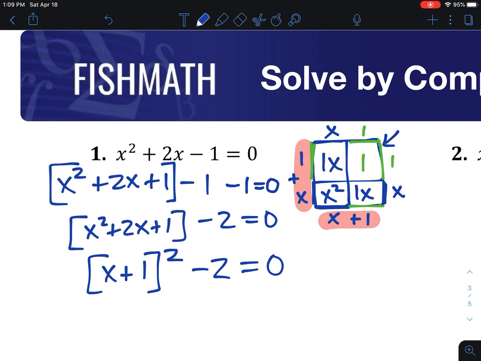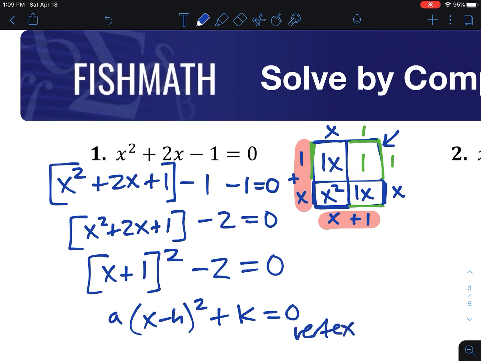Now this is what we call vertex form. If you didn't need to solve the equation, we'd be done. This would be vertex form, where it's like a(x minus h) squared plus k equals 0, with a little a in front typically. The vertex is (h, k). So the vertex of the quadratic would be the opposite of what's being added to x, and then the value of k.